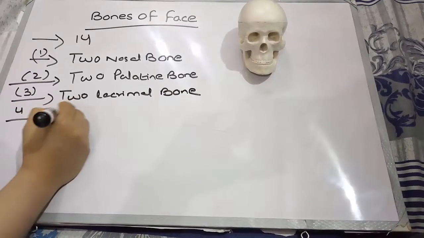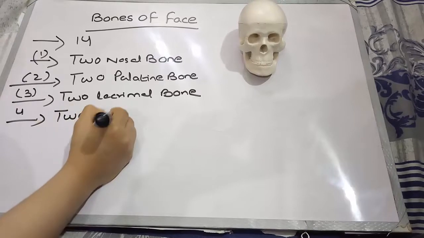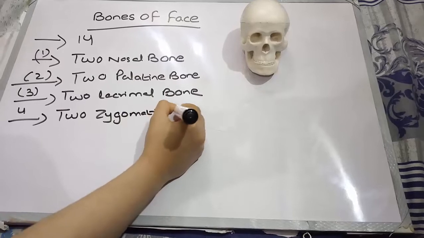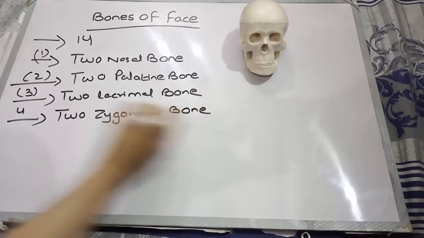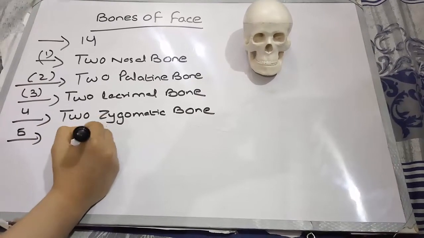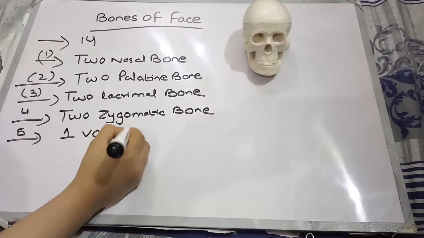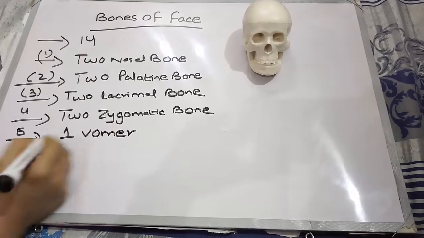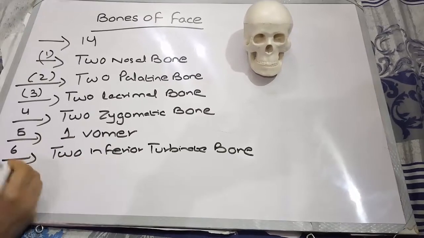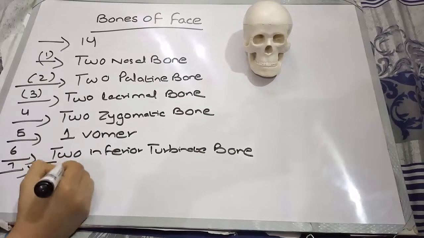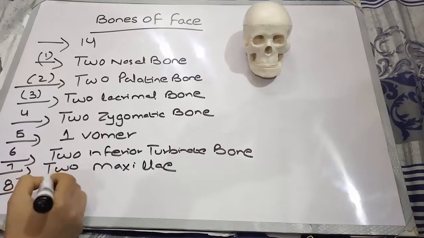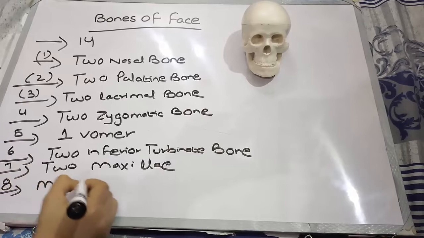Number four, two zygomatic bones. Number five, one vomer. Number six, two inferior turbinates. Number seven, two maxilla. Number eight, mandible.